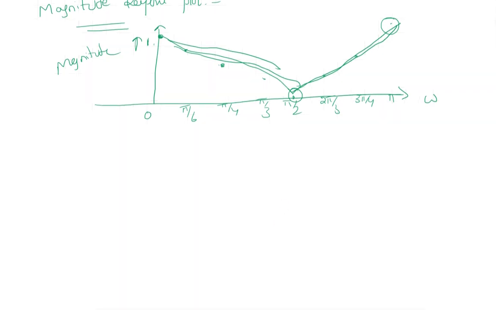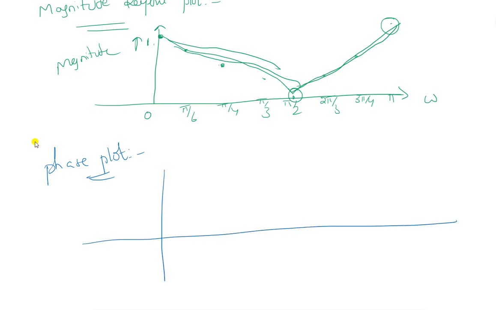Similarly, for the phase plot, again you need to consider omega as one of the axes, and phase as the other axis.